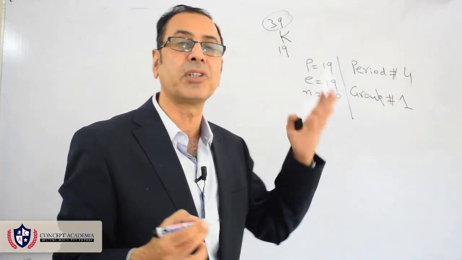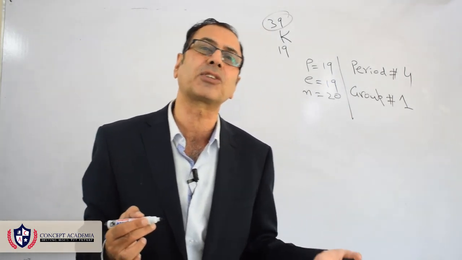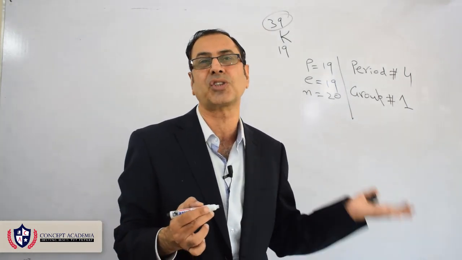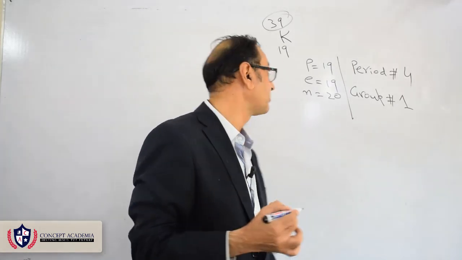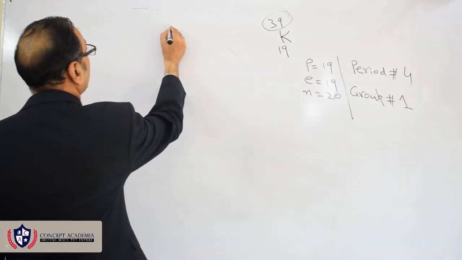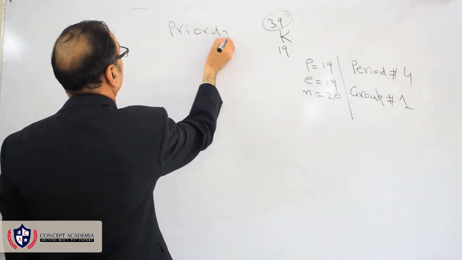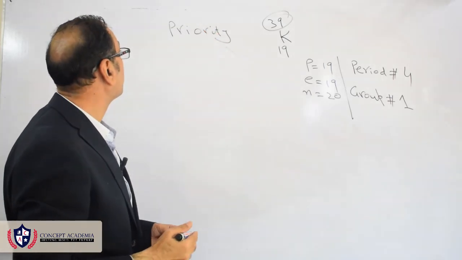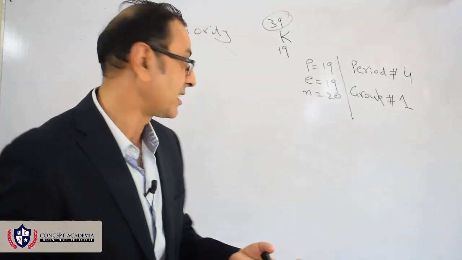The group number is 1. So the group number tells us the number of electrons in the last shell. So in the last shell of potassium, there is only 1 electron. And you know very well that the priority of the period number is the first.